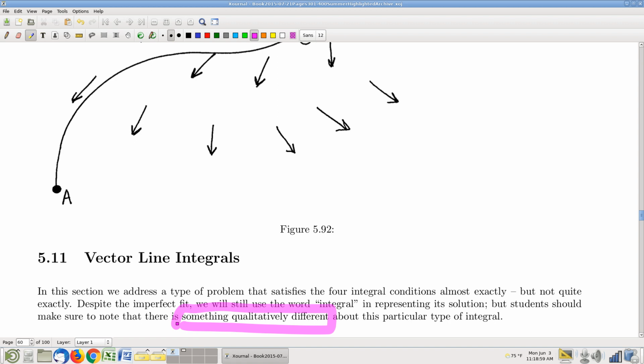Single variable integrals are just like double integrals, which are just like triple integrals, which really are just like scalar line integrals, and they're just like the scalar surface integrals. It's always chop it up, add it up, and it's always the same, right? So there is going to be something significantly different here. It's still going to be mostly the same, but heads up to notice something very importantly different.